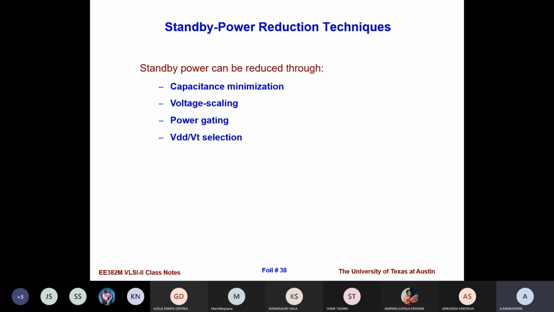Here we have some standby power reduction techniques. The standby power means the device will be operated in a normal configuration. For example, when our mobile battery comes to 15%, that is the standby power. That means the device will operate for about 15 minutes.